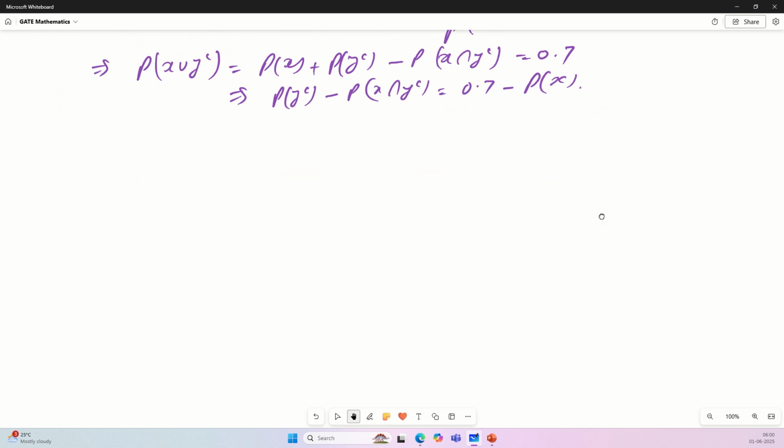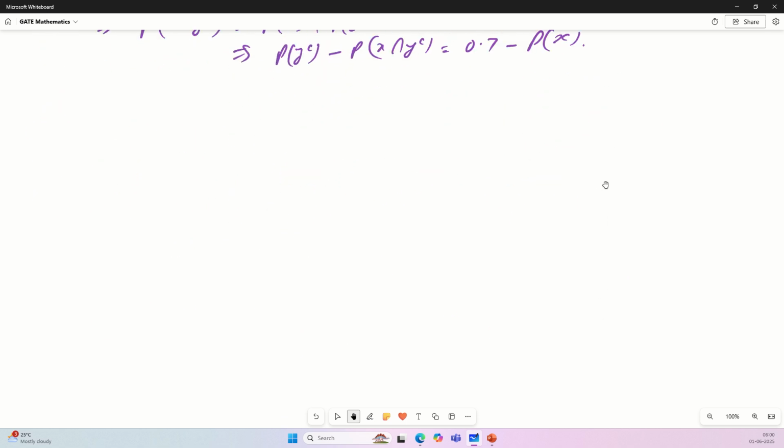Now what do we do? From here we are going to get probability of Y complement minus probability of X intersection Y complement is equal to 0.7 minus 0.4, that is 0.3. Okay. Now you know already that X and Y are independent.